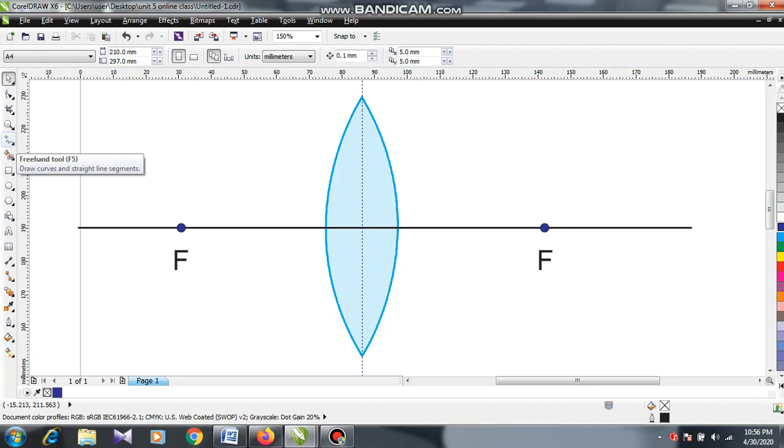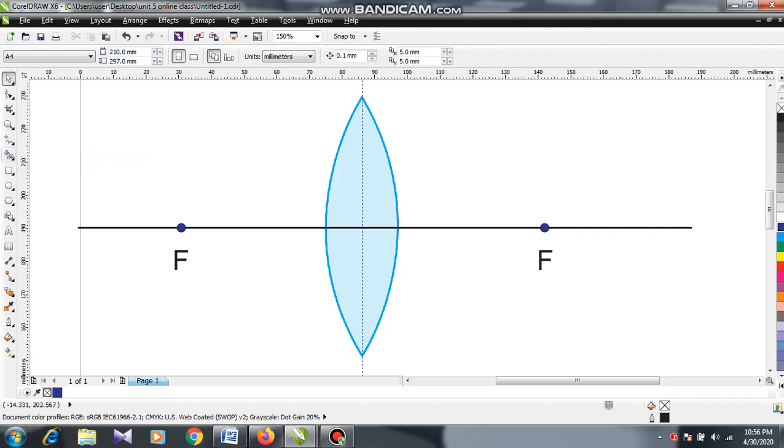If one focal point is at 4 centimeter distance from the lens, the other focal point is also at 4 centimeter distance from the lens. So they are equally distant from the lens. Always keep in mind the two focal points are there, one on the right side, one on the left side. From the lens, both of them are at equal distance.